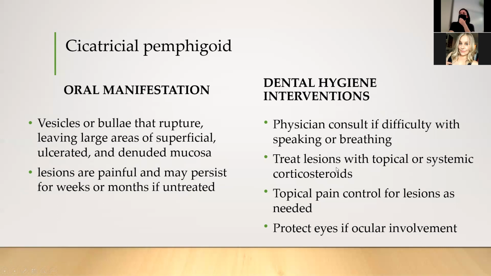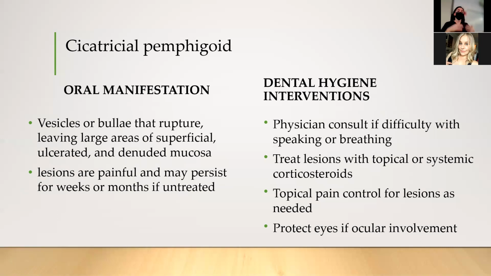So for our intervention, there's topical pain control, and treating lesions with topical or systemic corticosteroids. So it probably depends on the person again. If this just comes cyclically and it's not that bad, maybe they just deal with it. Maybe they have to go on some kind of a steroid to suppress it. And it probably depends on where in the body and what mucosa, if it's in the eyes, that would be a really big deal.